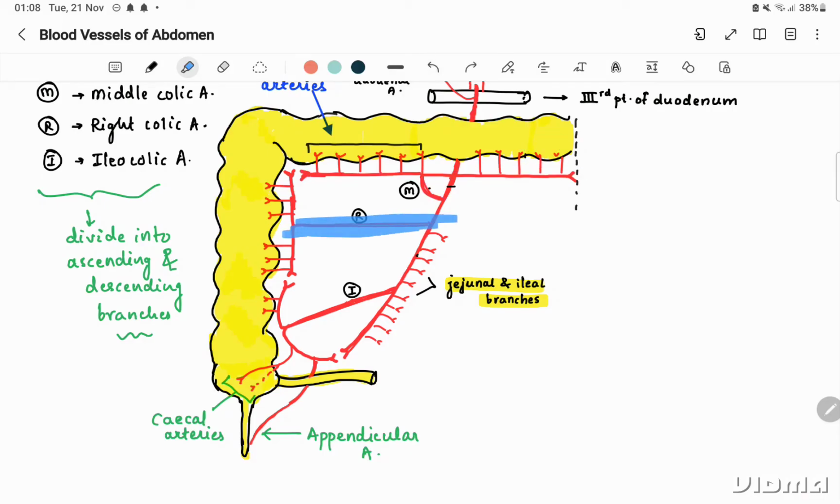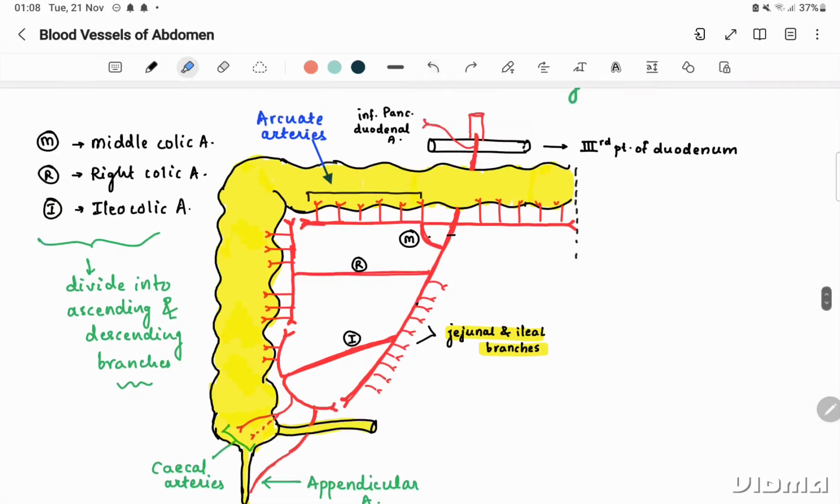The right colic artery is supplying the ascending colon, and the ileocolic artery is also supplying some parts of the transverse colon, and the cecum and the appendix. The ascending and descending branches join with the continuation of the jejunal and ileal branches. So this is your superior mesenteric artery.